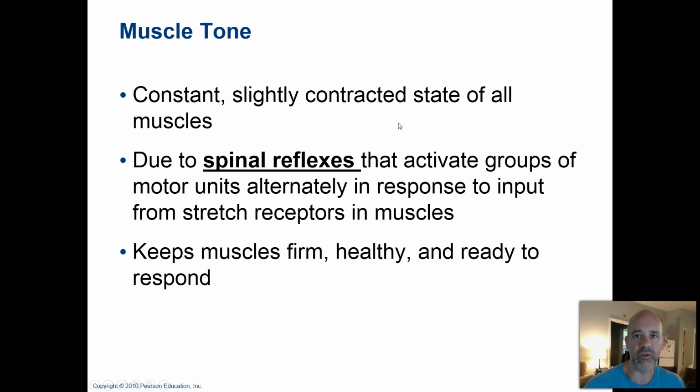Otherwise you would just be a big blob of jelly if your muscles were not at least slightly contracting at all times. So at all times some of the motor neurons that control a muscle are sending signals and telling muscle fibers to do some cross bridging to help those muscles maintain their tone. That's called muscle tone.